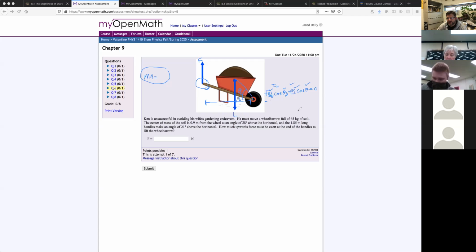So when I solve this equation for this force here, I'm going to subtract this on both sides and then divide by everything in front of the F. So I'm going to get F equals the load force times the distance to the load times the cosine of theta divided by the length of the handle times the cosine of theta with the handle, like that.